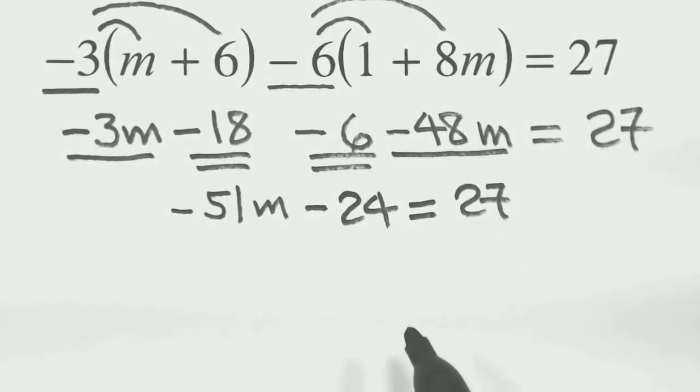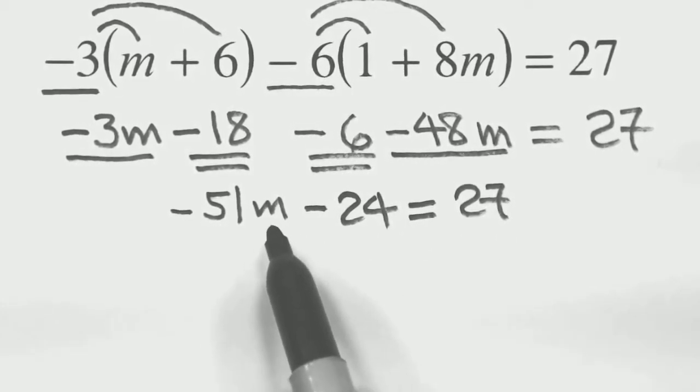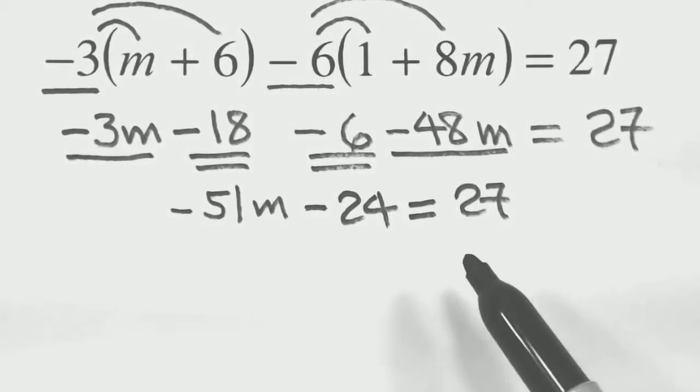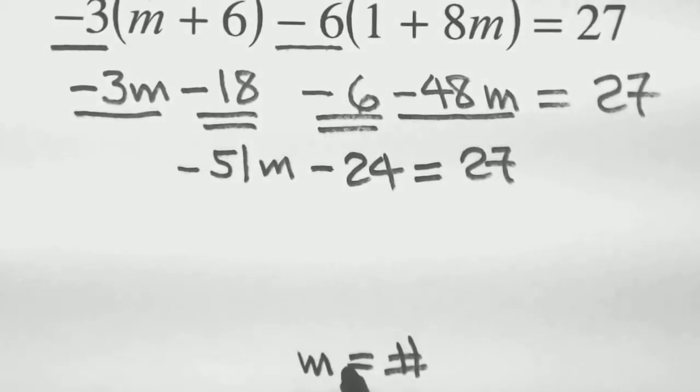Okay, well, we've got this all cleaned up now as much as we can. Once we've got it set like this, we can start solving. And of course, let's remind ourselves, our goal here is to end up with m equals whatever number the answer happens to be. We use this to remind ourselves who we have to move.